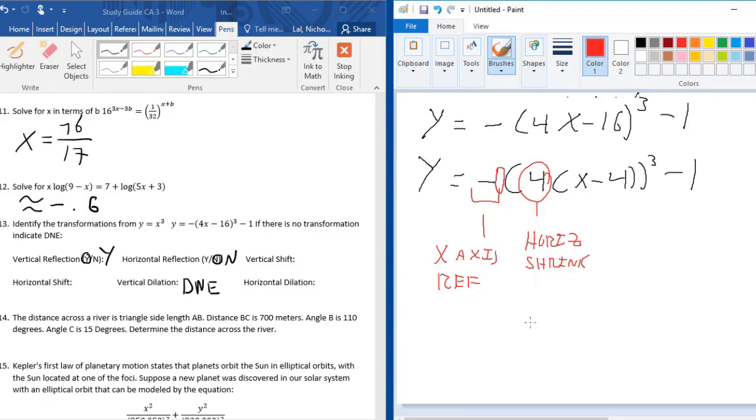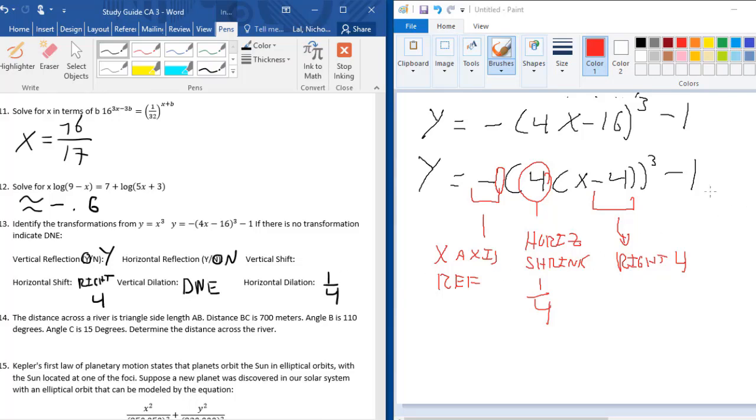So instead of being by 4, it's by 1/4. So our horizontal dilation is by 1/4. And now that we've factored out that 4, x minus 4, switch the sign. That's a shift to the right 4. So our horizontal shift is right 4.